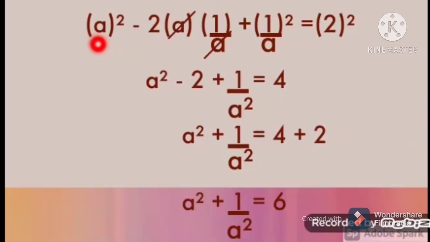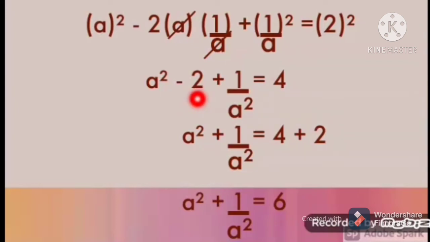Here the value of a is a and the value of b is 1 by a, plus b square, and b square means 1 by a whole square, is equal to 2 square. Here 2 square will be equal to 4. a square will be equal to a square. Here a and 1 by a will be cancelled out, and then minus 2 is left, plus 1 by a whole square will be equal to 1 by a square.